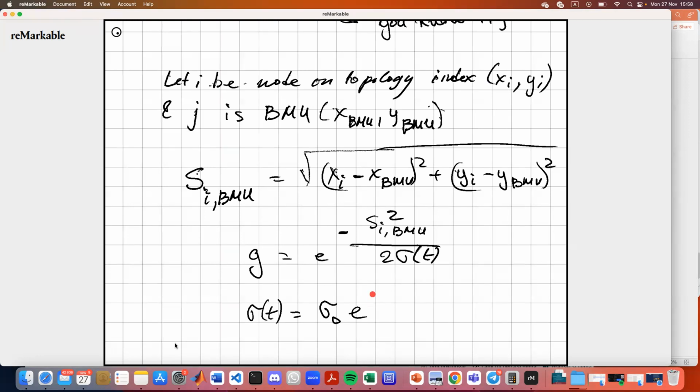So t is the iteration step, and tau sigma is your hyperparameter, the decay rate, so how fast you shrink the neighborhood with the number of iterations.